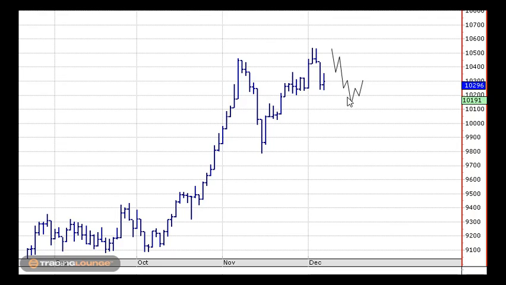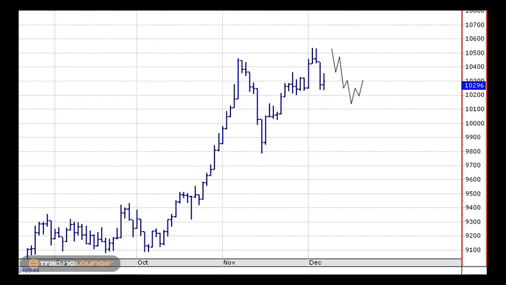So if I get 5 here, then I'll allow the rally to occur, and then we'll get another 5 down. But if I only get 3 waves down, then I'll have to bring the stop down for a very small profit or break even. But I could see that this is a bit of a top here.